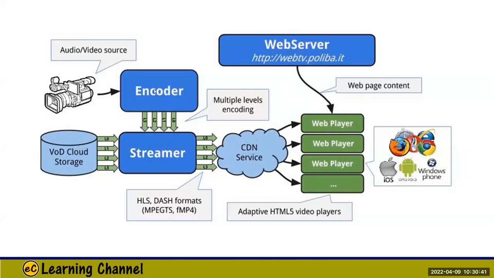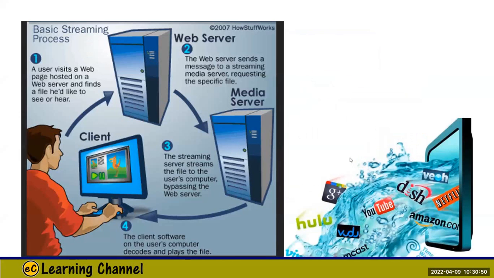The video is encoded into MPEG-4 or MPEG-2 and then streamed from your server. Basically, you are a client. You log into some web server, and the web server finds the data and sends it back to you.